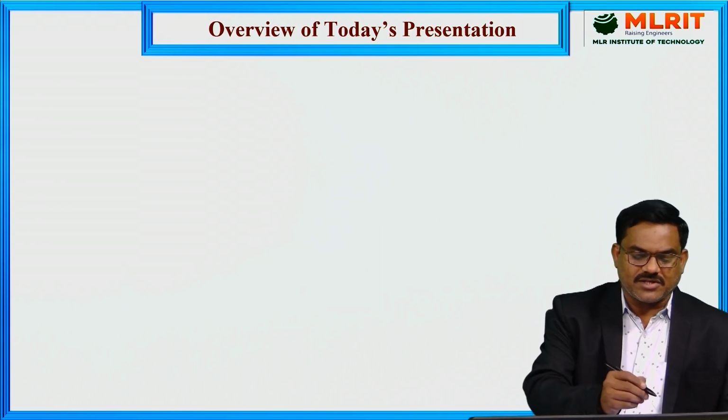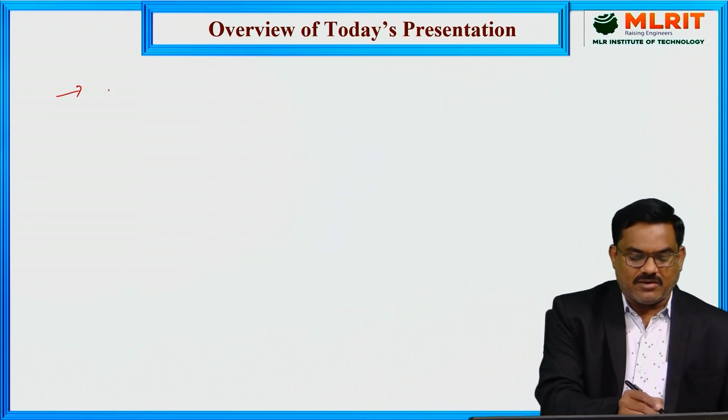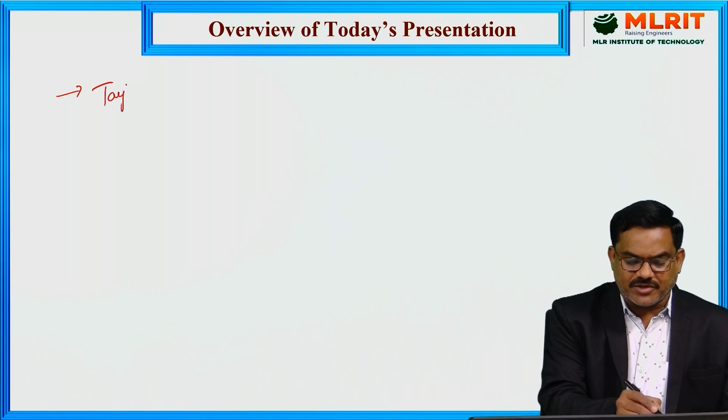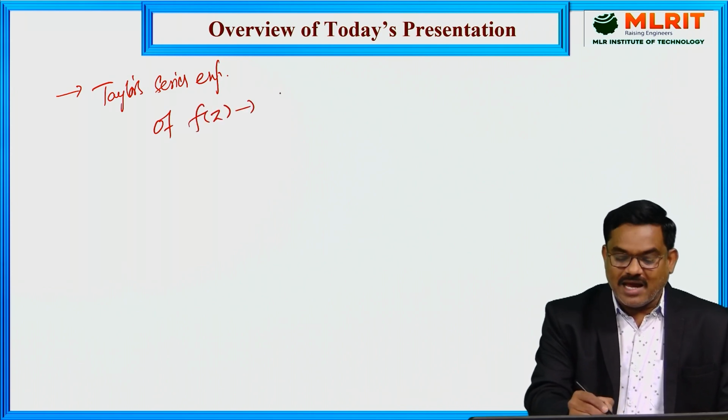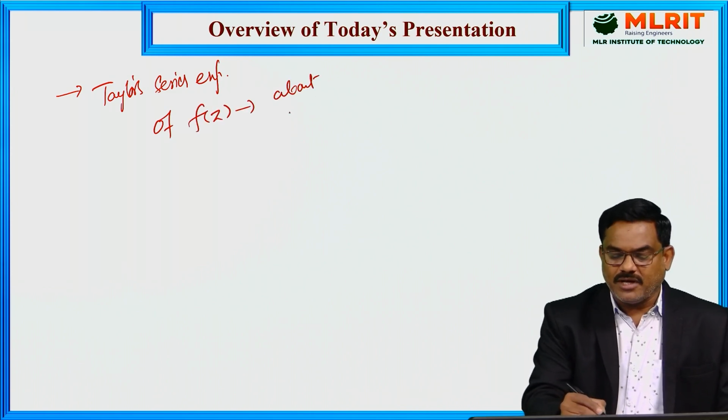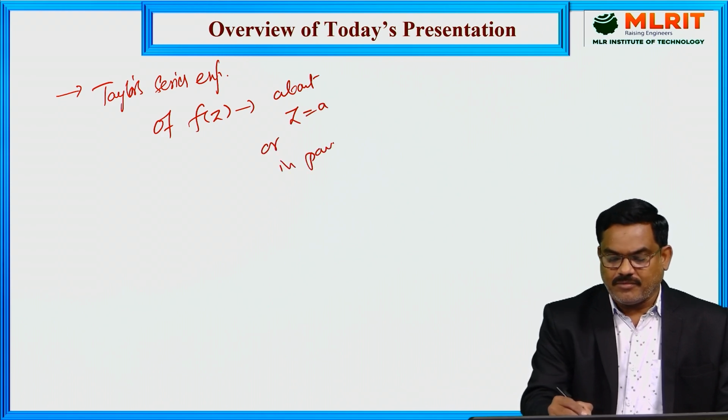In the last session, we obtained the Taylor's series expansion of the given function of a complex variable about a point z equal to a, or in powers of z minus a.